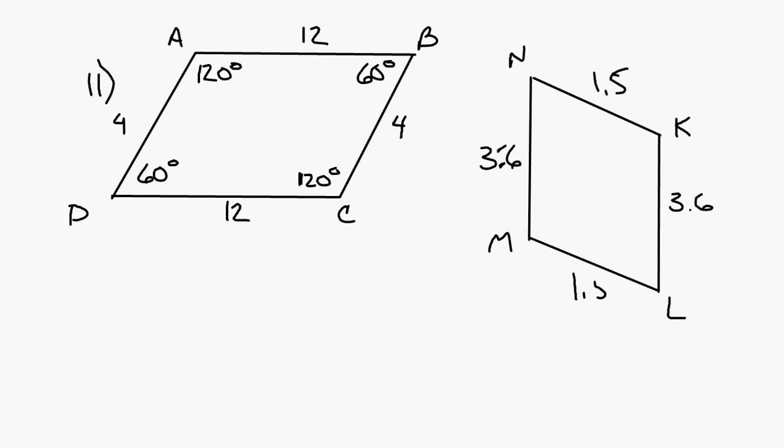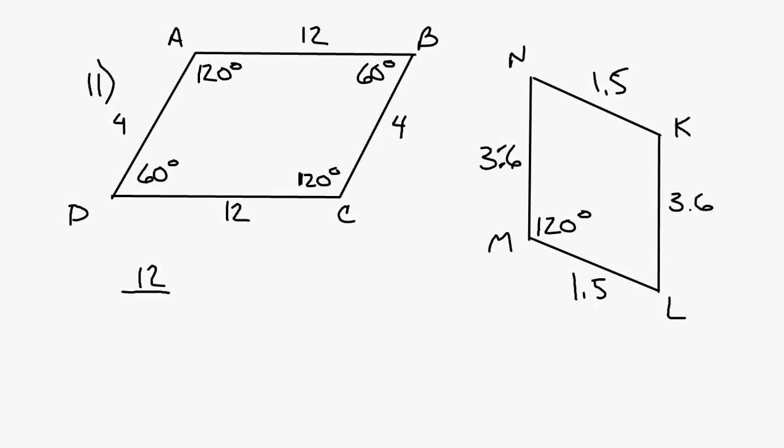So all the angles are congruent. That's the first rule of similarity. Second rule of similarity is that corresponding sides are proportional. So the 12 side, AB, corresponds to the MN side, 3.6.